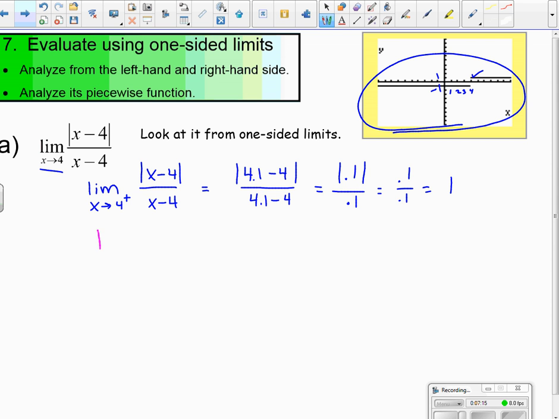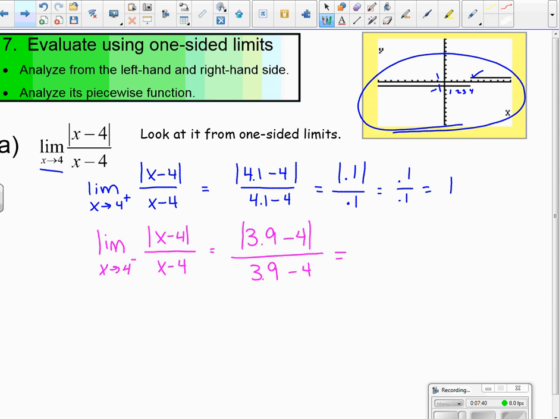Now let's look at it approaching from the underside of 4, from the left side of 4. Still we've got the same function, the absolute value over x minus 4. Now let's take something slightly smaller than 4. I'm going to suggest 3.9, coming in from the left side of 4.